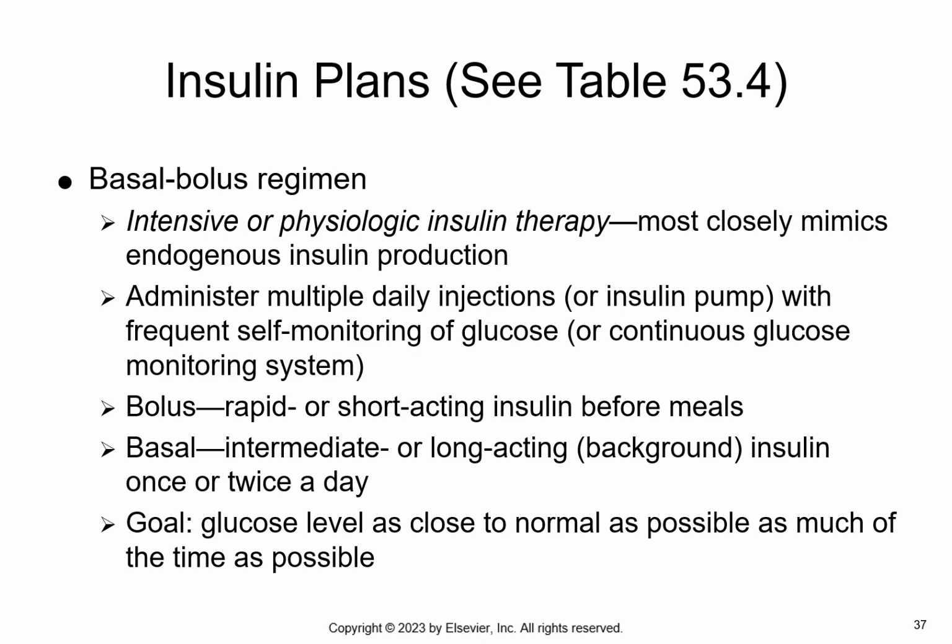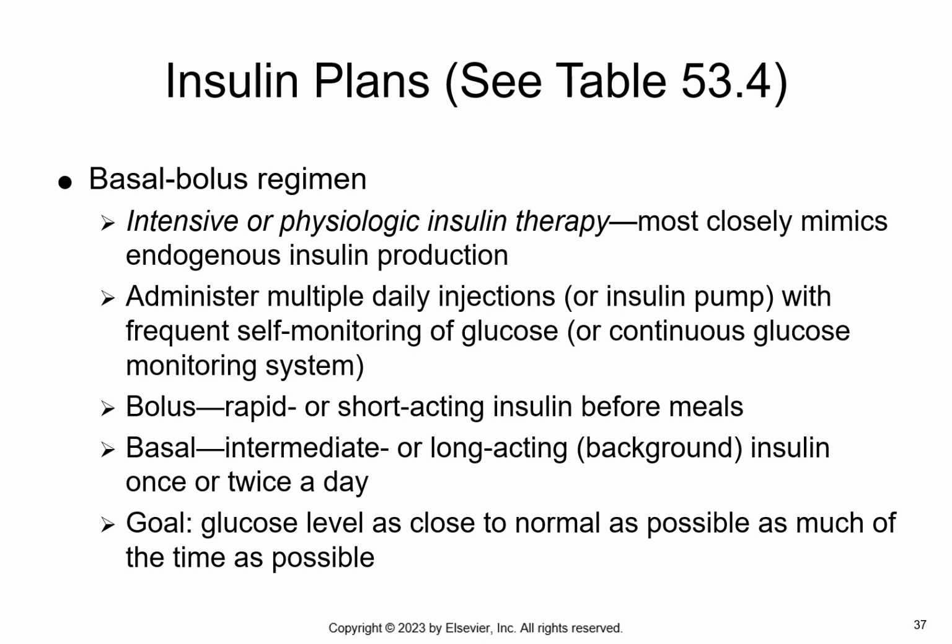We look at insulin plans, and if you look at table 53.4, it shows you examples of insulin plans. The insulin approach that most closely mimics endogenous insulin production is the basal bolus plan, often called intensive or physiological insulin therapy.